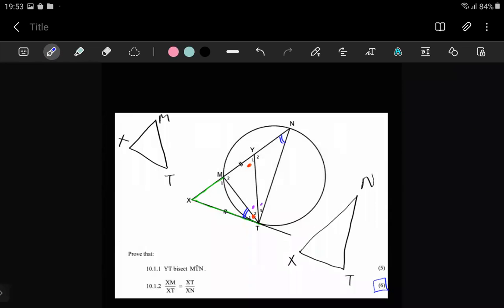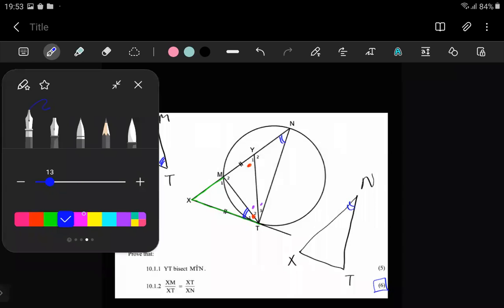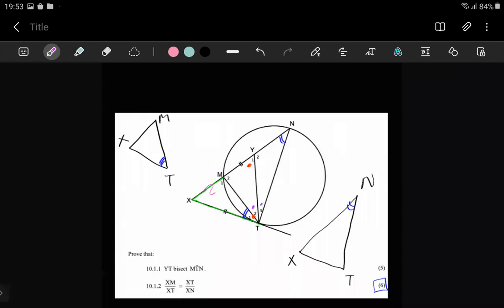So what you do is, fortunately, we already know that the N here is equal to the small t down there because of our tan-chord theorem. The other thing is, without overthinking it, because of our sketch, this here is a common angle to both triangles, because it's the X over here and it's the X over there.